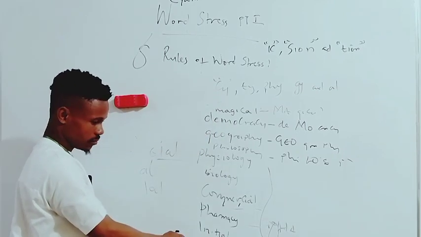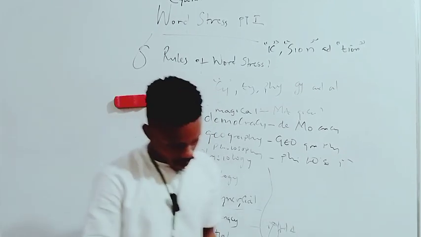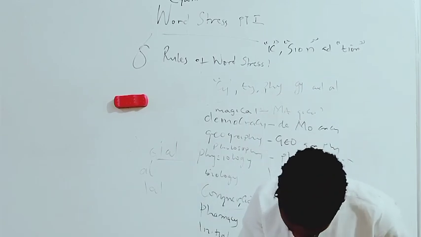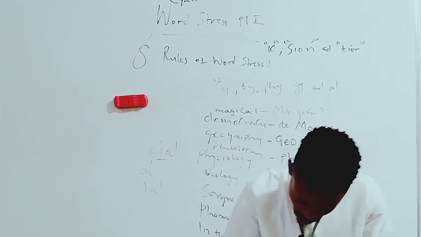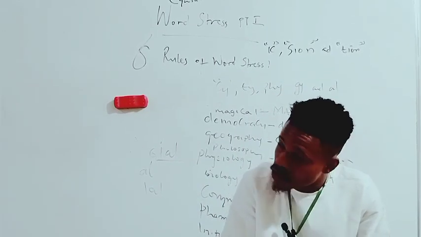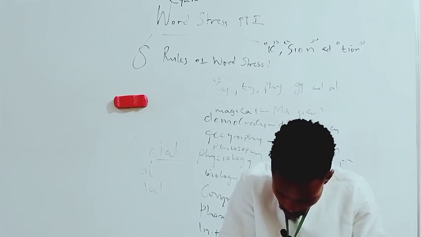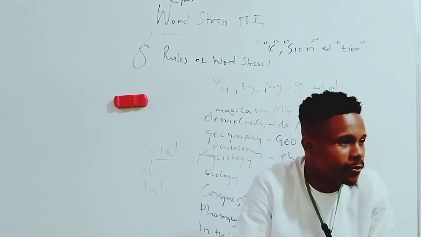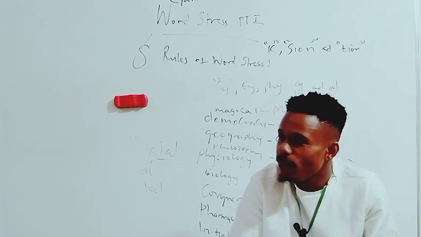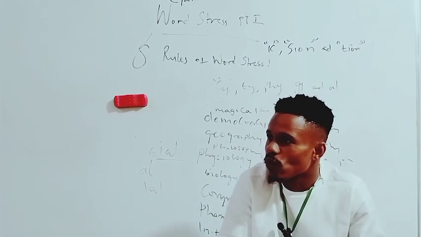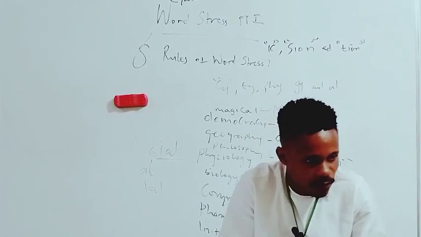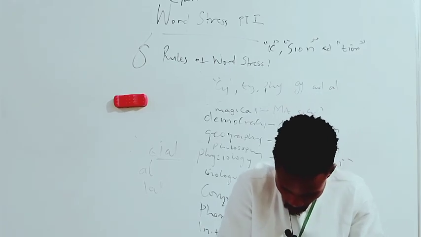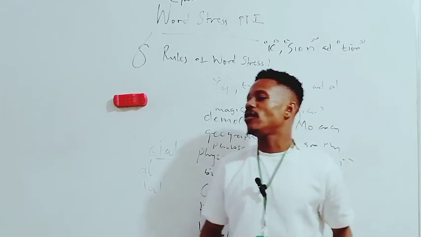Community. So the same thing with commodity, psychology, and the rest. Photography. How many of you want to go and learn photography after your JAMB? Okay, the next one, compound noun.